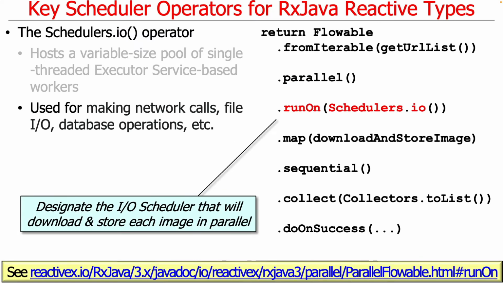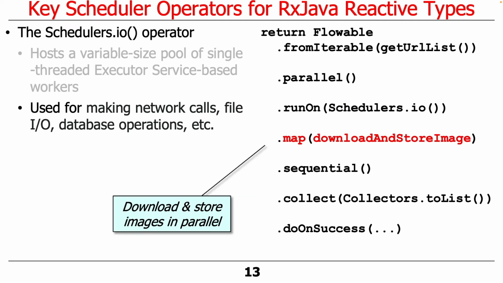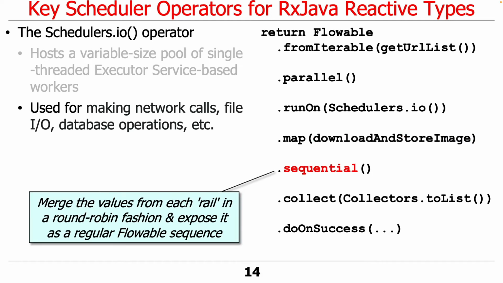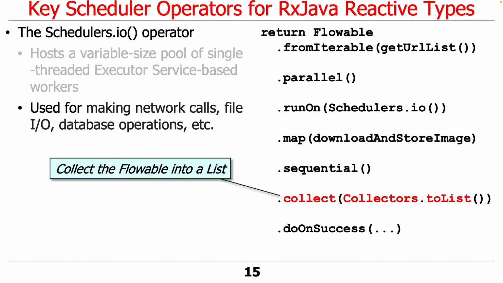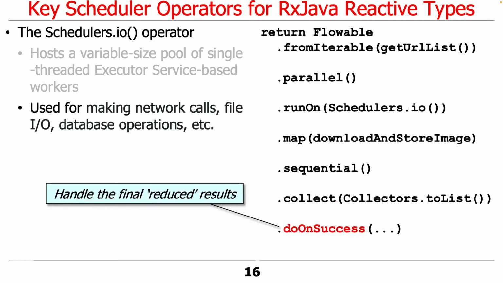Then we run this on the I/O scheduler thread pool. And then we have a method reference called downloadAndStoreImage, which will download and store each image in the I/O thread pool. We then convert everything back to a sequential flowable, and then we collect the results into a list and print the results or do something with them. So that's basically the sequence of steps involved in using parallel flowable.